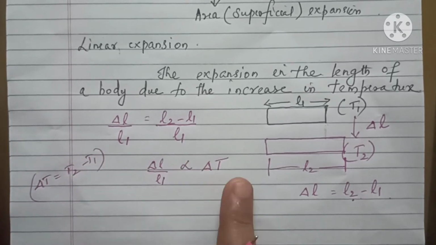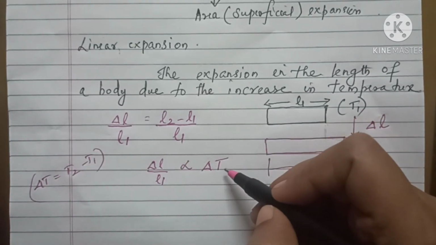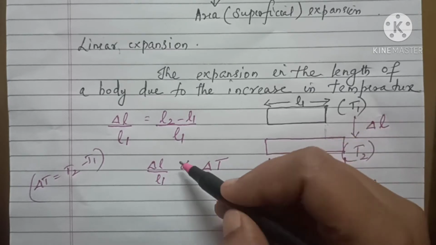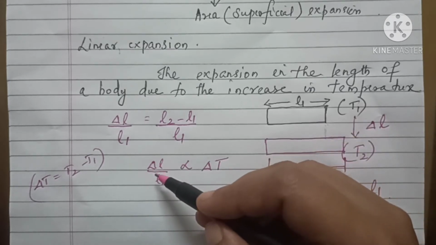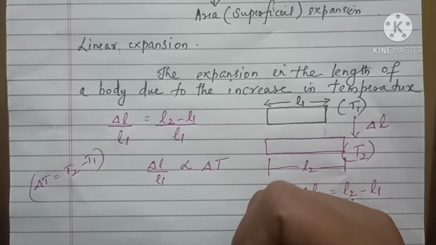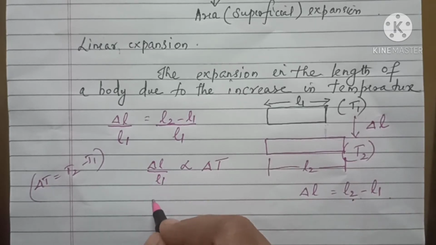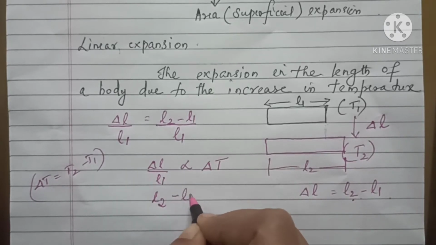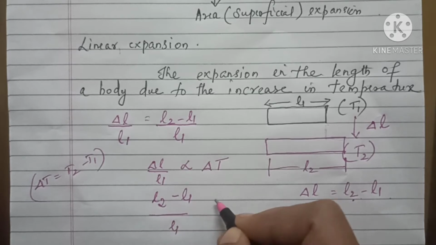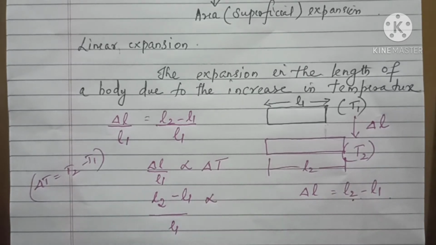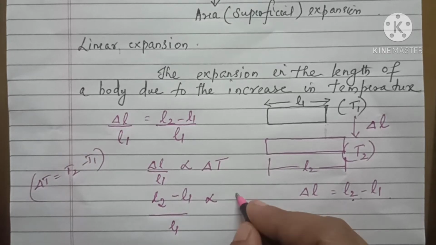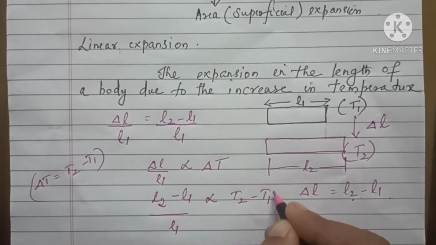So it is always proportional, because as the temperature change increases, this change in the length or the difference also increases. Clear for you? So you can write it like this: L2 minus L1 by L1 is proportional to T2 minus T1.